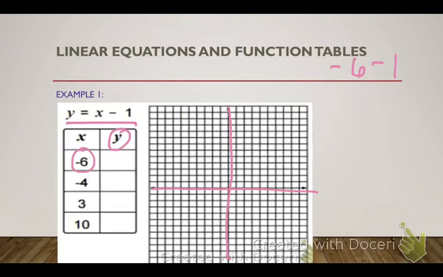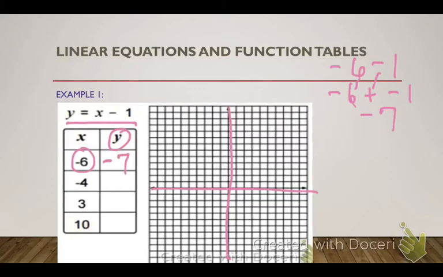Okay. So negative 6 minus 1, that's a keep, change, change. So you're going to say negative 6 plus a negative 1. Remember, keep this, change to its opposite. Answer is negative 7. So I'm going to graph negative 6, negative 7.